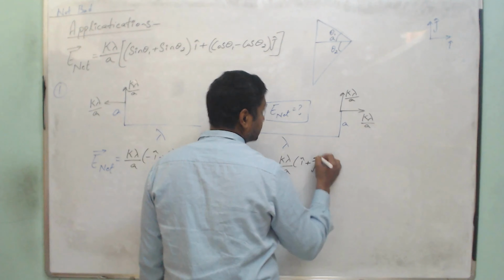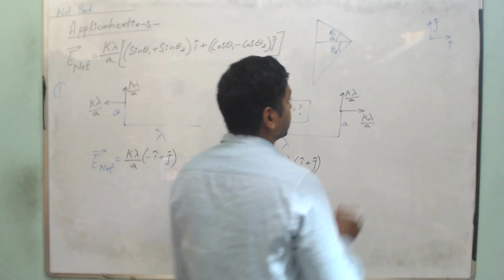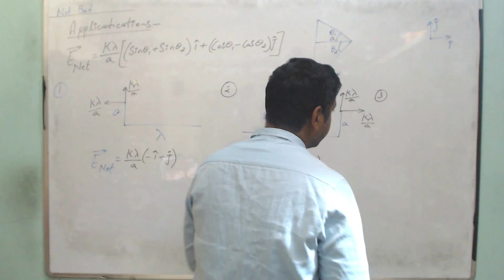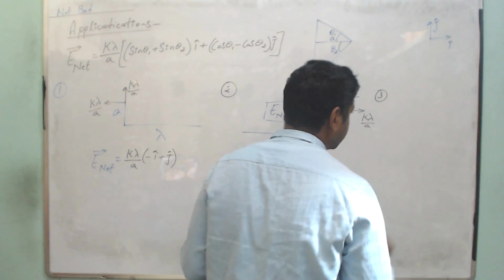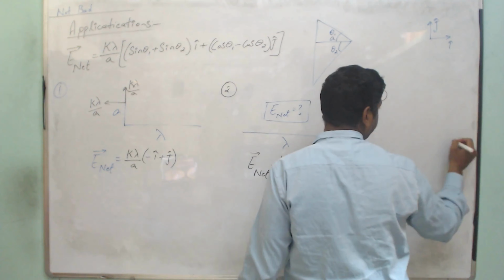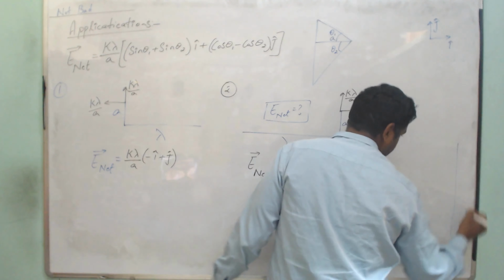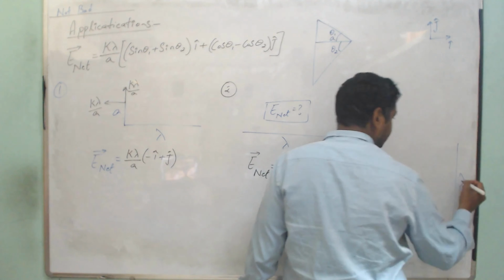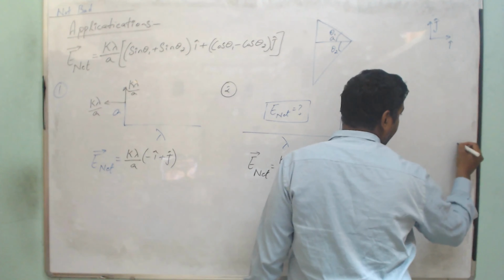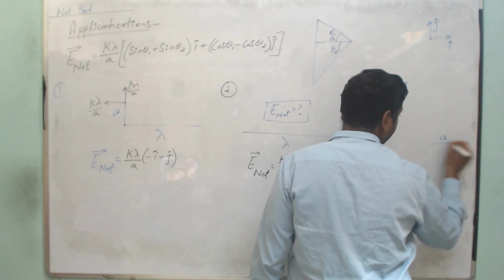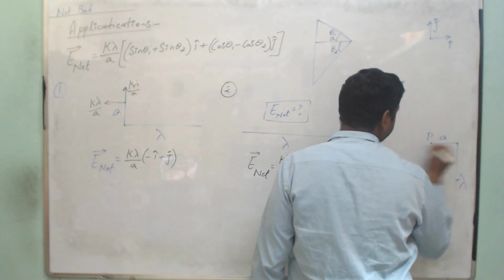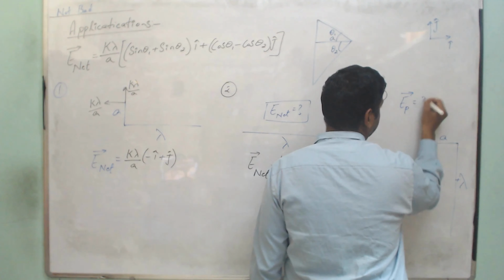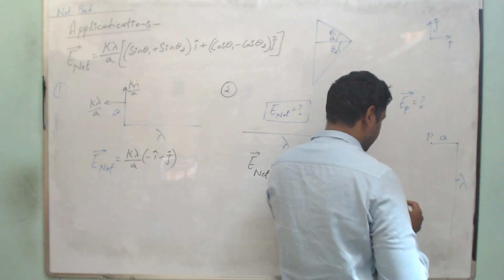Now, third question. Okay, so my semi-infinite wire is placed in the vertical direction, and the charge per unit length is lambda, and this is a positive charge, and at a distance of A, at this point P, let's say I need to find the electric field at point P in terms of I cap and J cap.